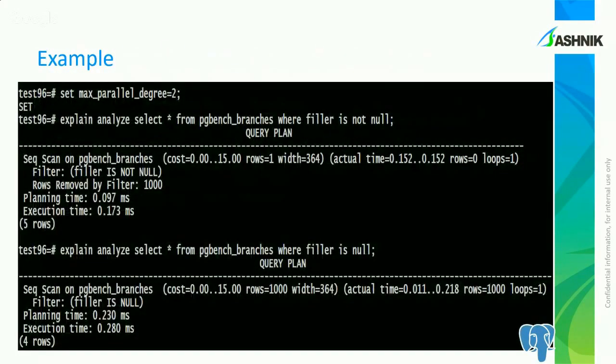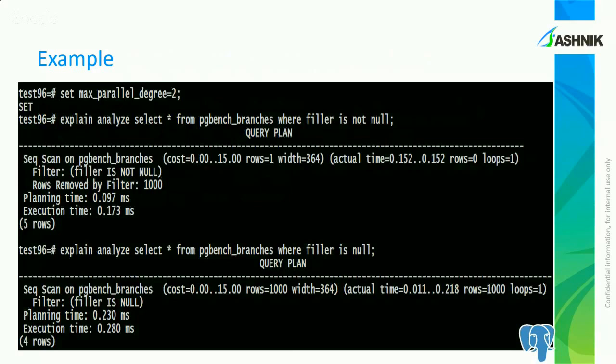As you can see in this case, I'm trying to do a select from a particular table which has just 1000 rows, and most likely just one page. Just one page has all the data. And here, as you can see, even if I have enabled parallel degree, I've set max parallel degree to 2.